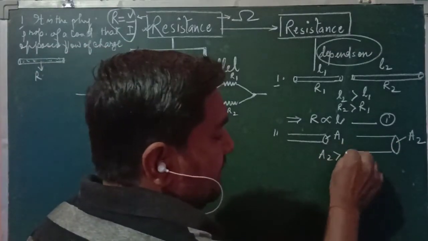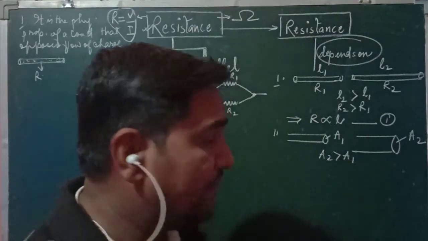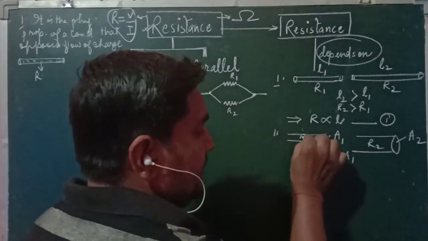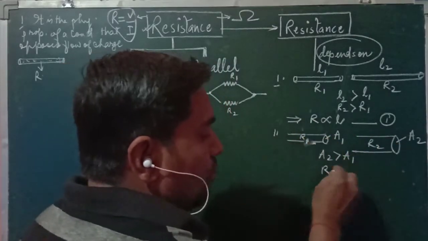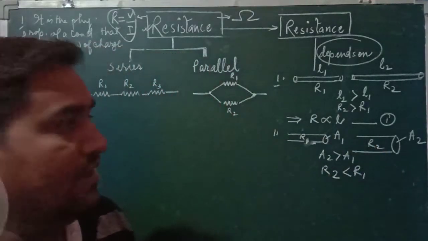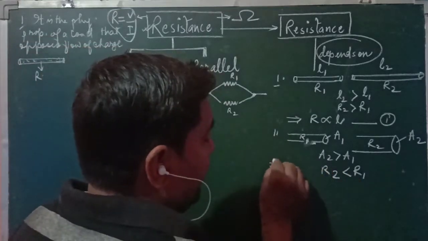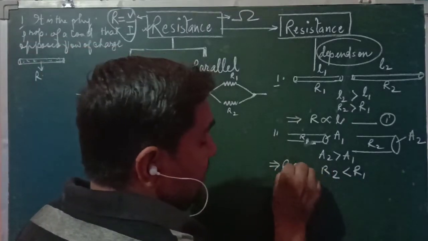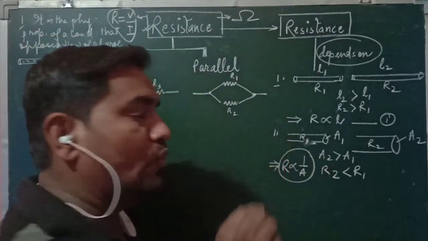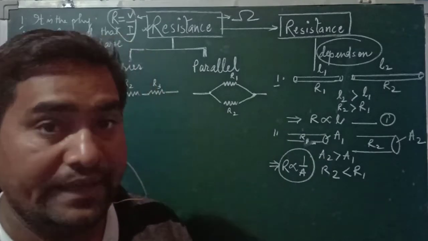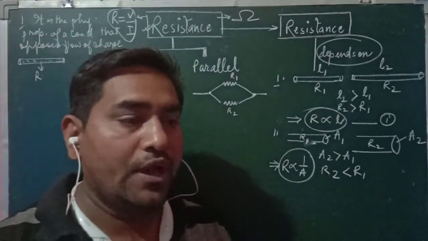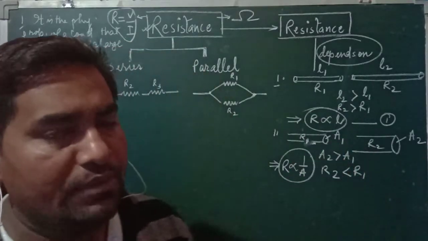So definitely R2 will be less than R1. Hence you will find resistance is inversely proportional to the cross section area. Means if area will be more, resistance of that conductor will be less. But if length will be more, resistance will be also more. Length will be less, resistance will be also less.